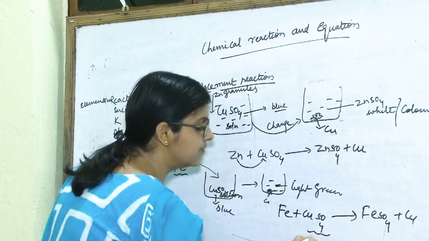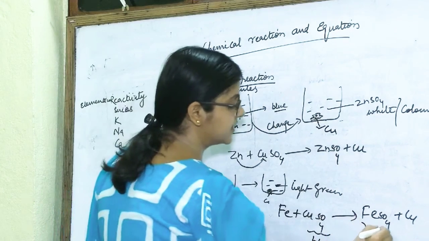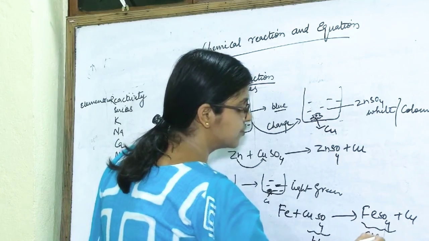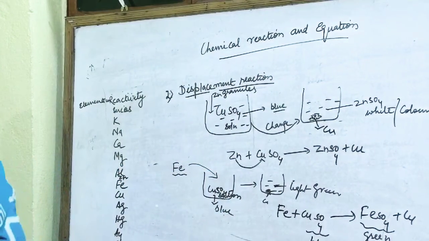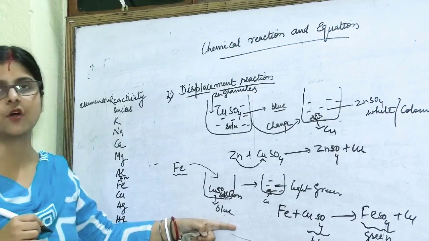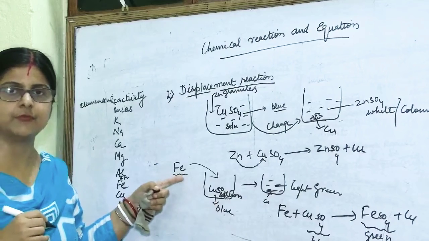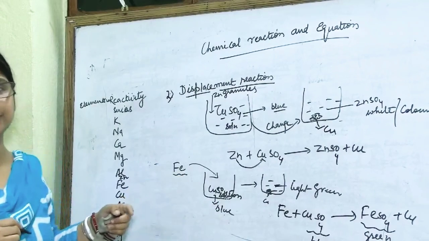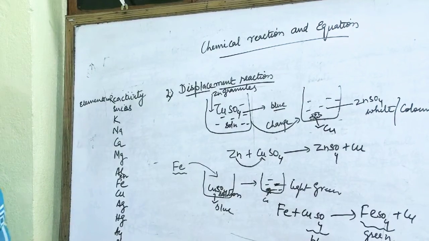The color of copper sulfate was blue, but the color of ferrous sulfate is green. So you are getting green color over here. These two are examples of displacement reaction. You can take up other examples also from your NCERT book. Only thing is that you will have to remember the reactivity series.